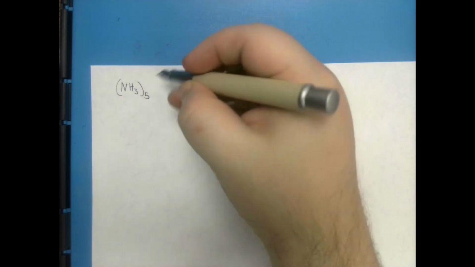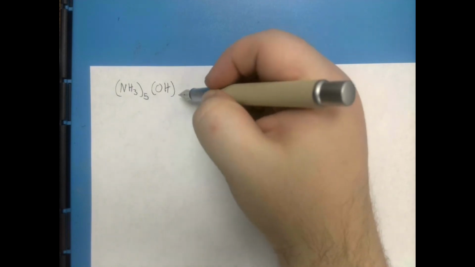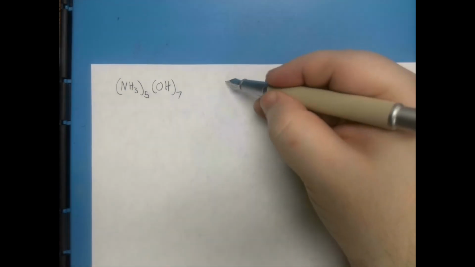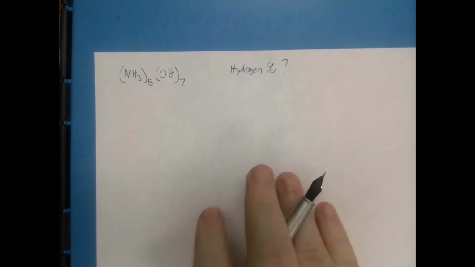Let's do (NH3)5 and OH7. What is the percent hydrogen in this? So, how many hydrogen do we have in total? This is the point I was making.